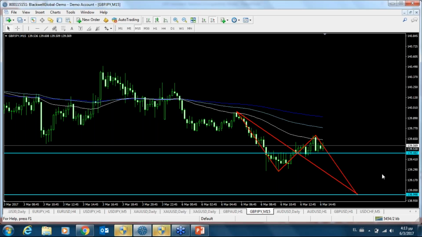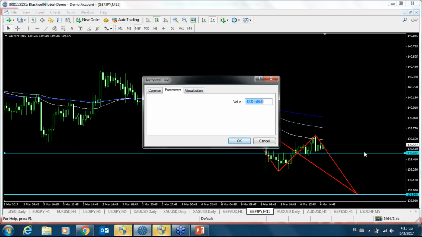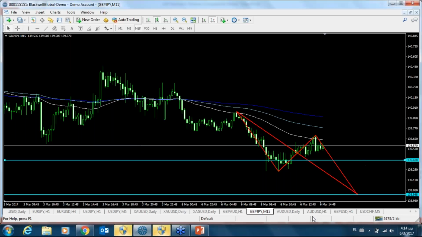Now 139.48 is again too close to the 50 area, so I would adjust that to go under 139.50 at least by 10 pips. So I would adjust that centroid area of my trading area to 139.40 instead. Okay, so that would be my ideal entry area. Okay, 139.40. There you go.